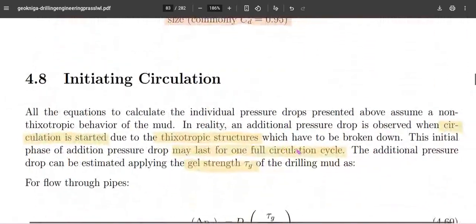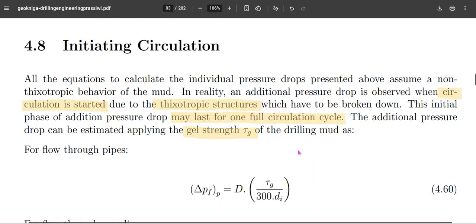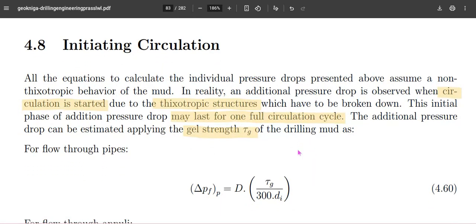Now, this is about initiating circulation, because in our last video we didn't consider an important thing: for non-Newtonian fluids like Bingham plastic or power law, if it is a thixotropic fluid, then it requires certain structural arrangements for initiating circulation. For that structural arrangement, we need some kind of pressure buildup, which is computed as a pressure drop.